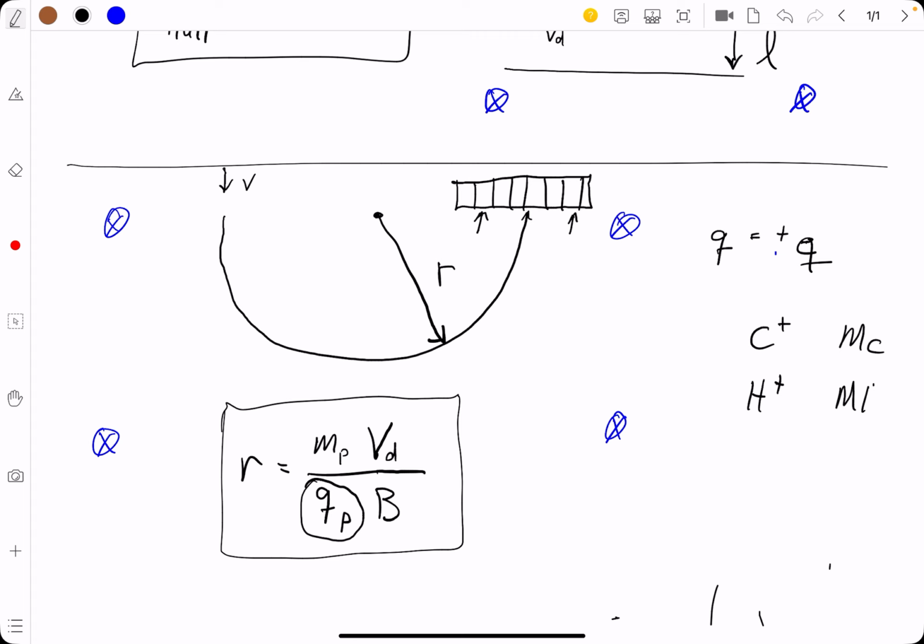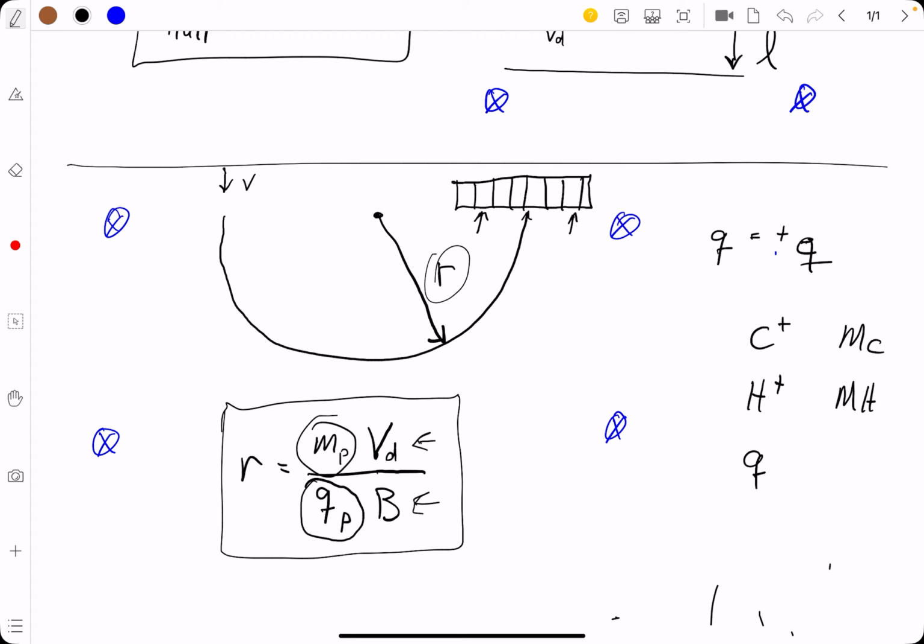These two things have the same charge. Q is the same. So the mass of the particle is going to dictate what this radius is, because they're both going to be shot in with the same velocity through the same B field. So the radius is what's going to change.